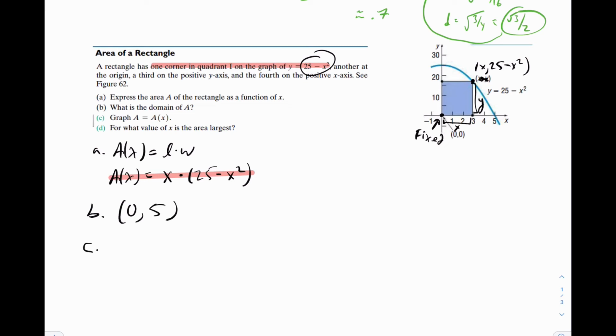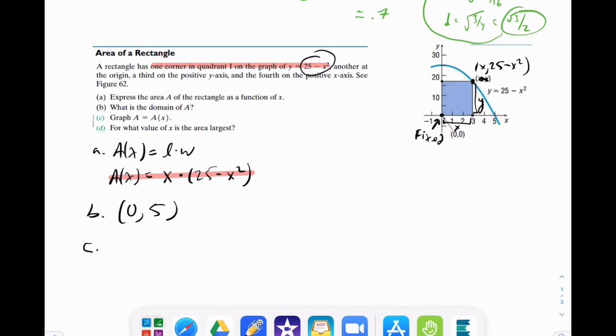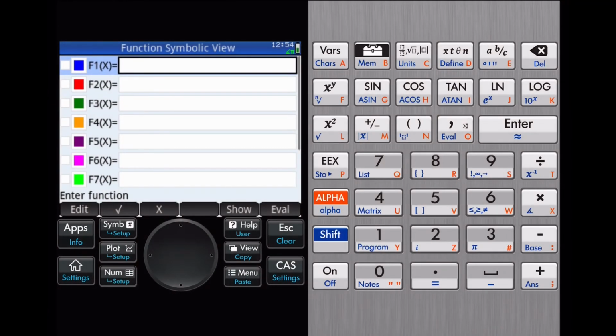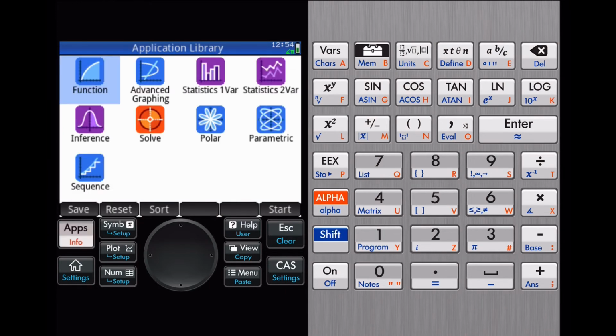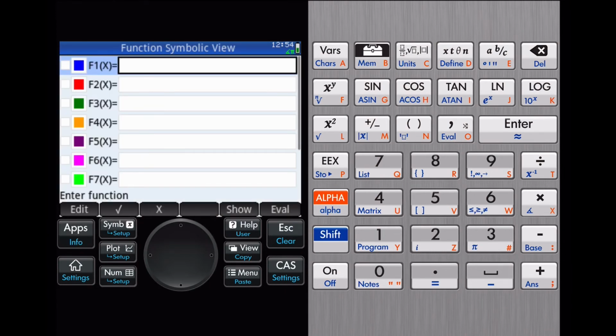Now C says to graph it. So this is where we go to our calculator. So open that up. If you're here, just hit the apps button, function, and I'll type it in. x times (25 minus x squared). Notice I get a syntax error. That's because it doesn't like it when you don't put a times here. So make sure you put a times like that.